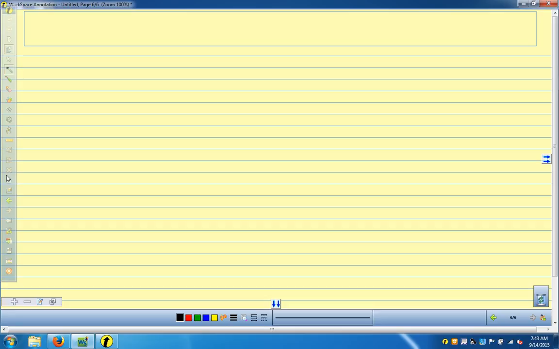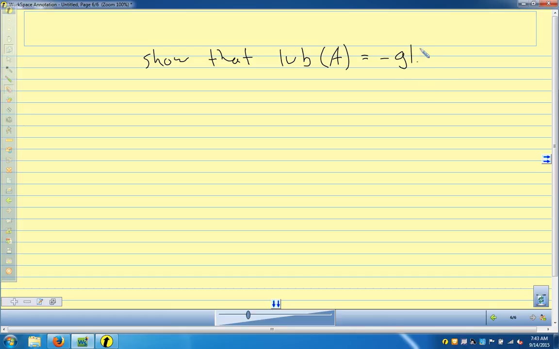So there's some upper bound that's the smallest one, and it has a greatest lower bound, some lower bound that's the largest one. So one that we had to do was show that the least upper bound of some set A equals minus the greatest lower bound of minus A.